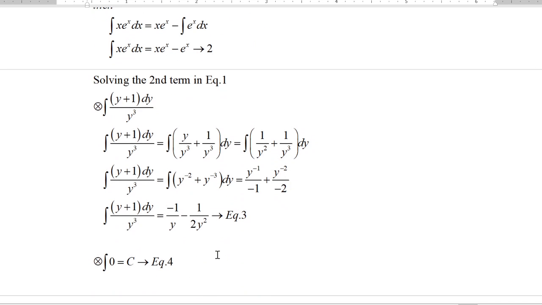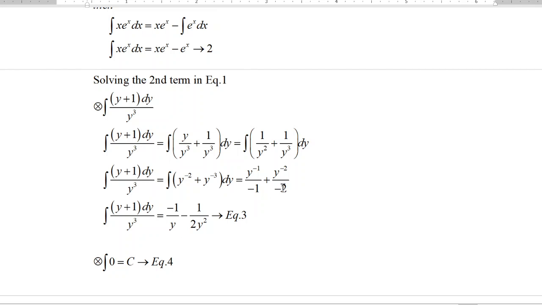And now, the integral of y raised to negative 2. So, add 1. So, negative 2 plus 1 is negative 1, all over negative 1. And then, negative 3 plus 1 is negative 2 all over negative 2. So, we simplify. Negative 1 over y, so y raised to negative 1 goes down and becomes y raised to positive 1, or just simply y.